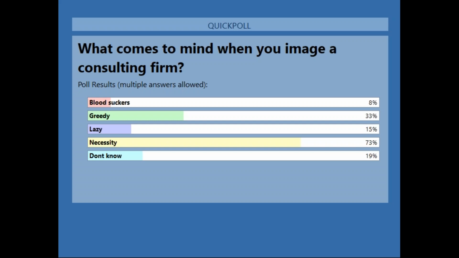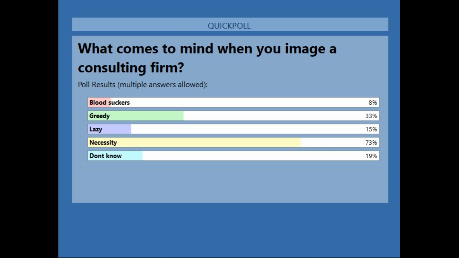73% of you feel it's a necessity. 19% of you don't know, you're confused. Fair enough, not a problem. 8% of you feel they're bloodsuckers, but still, 8 is not a small percentage, right? Because we've seen a lot of companies act that way.